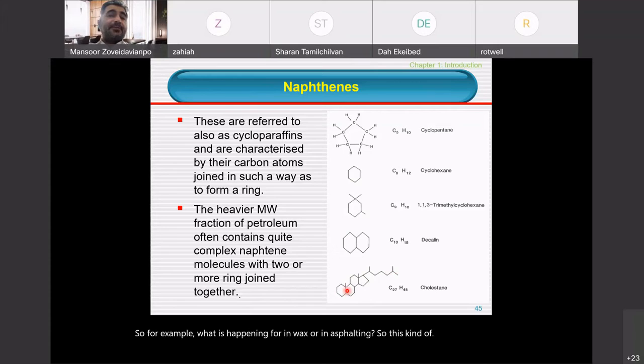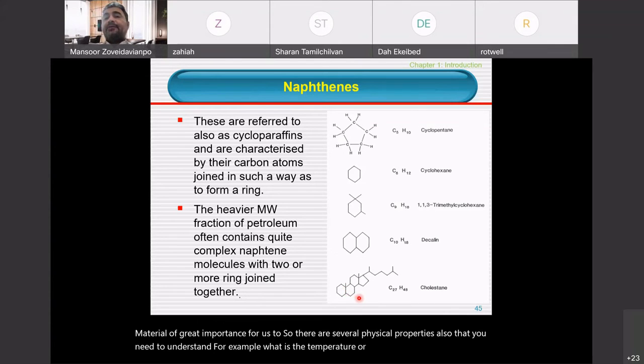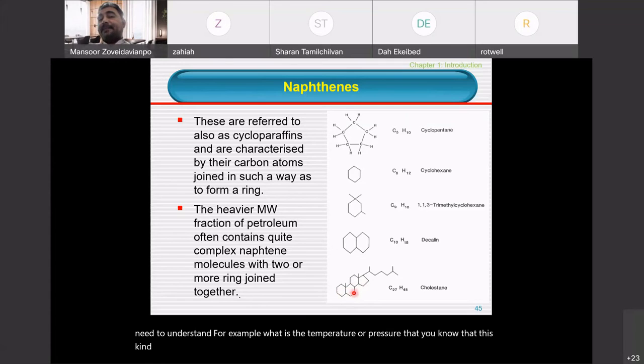This kind of material is of great importance for us. There are several physical properties that you need to understand, for example, at what temperature or pressure this kind of cycloparaffin will appear.